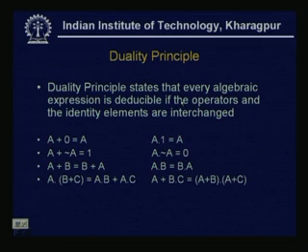The duality principle states that. So, from the first expression a plus 0 equal to a, plus is replaced by dot, 0 is replaced by 1. So, a dot 1 equal to a. Similarly, the second expression a plus complement of a equal to 1.